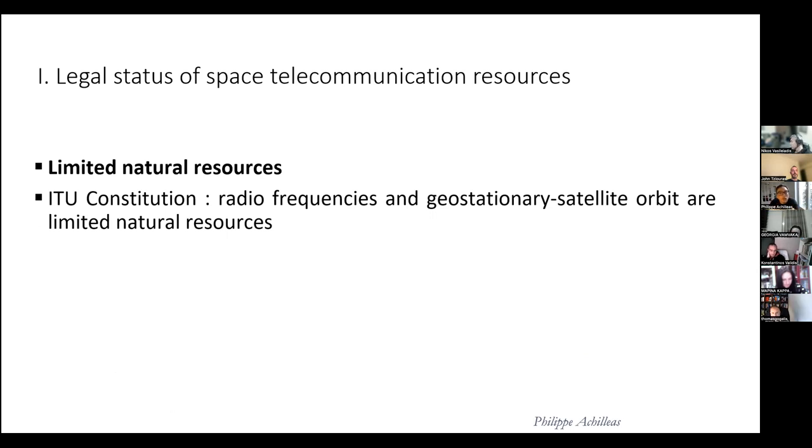If you want to avoid harmful interferences, you need to have some space between each satellite. So today, finding an empty slot to place a satellite to communicate is very complicated. For these reasons, we also consider the geostationary satellite orbit as a limited natural resource.